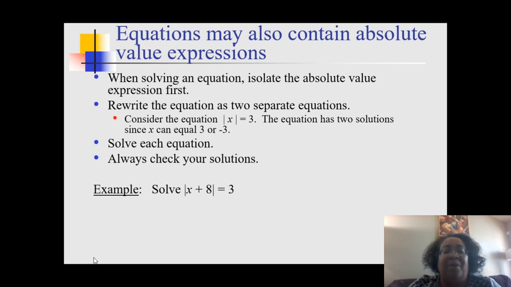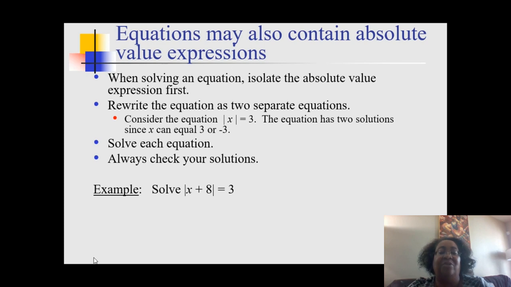If you look at this problem, solve the absolute value of x plus 8 equals 3. We do already see that the absolute value has already been isolated on one side of the equation. So I don't have any extra work to do to get that isolated. It's already done.